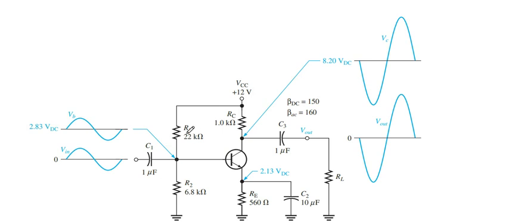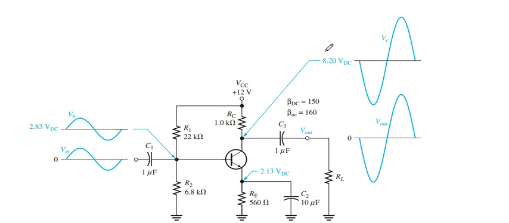On the other hand, R1 and R2 are 22 kilo ohm and 6.8 kilo ohm, while RE, the emitter resistance, is only 560 ohm, and RC, the collector resistance, is 1 kilo ohm. We get the output.